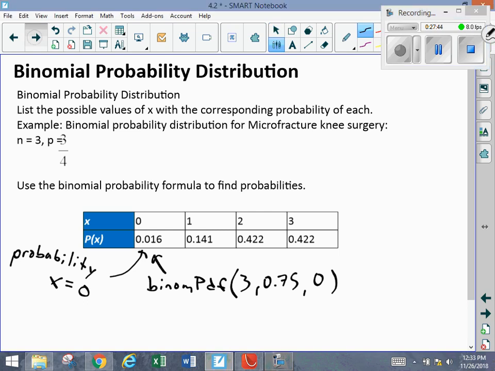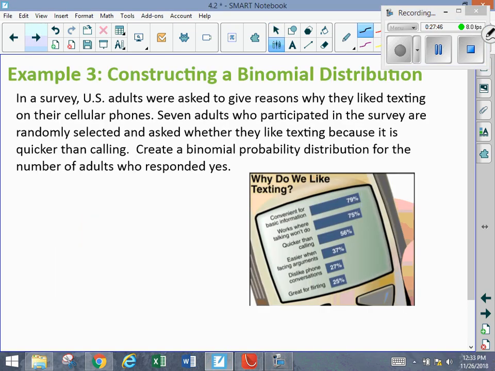All right. Let's construct a probability distribution. Let's do it. Yay! All right. Okay. It's really weird because I'm trying to find the probability, right? They were asked why they liked texting on their cellular phones. 7 participated, randomly selected, and they were asked why they liked it better than calling. So here it is.